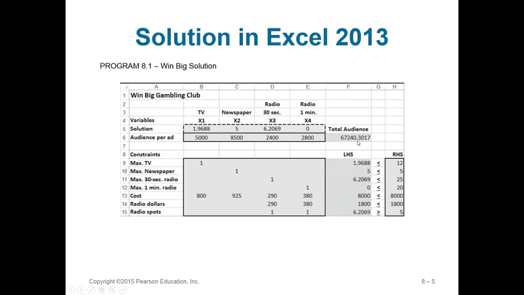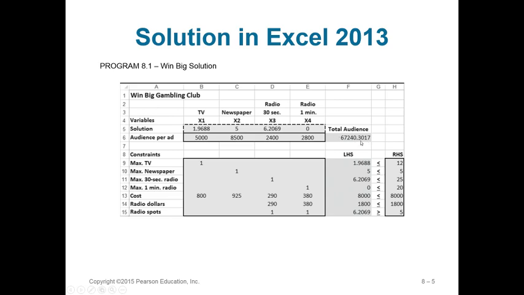I know finding 0.3017 of a person does not sound appealing, but we would either round it down to 67,240 or round it up to 67,241, depending upon how you wanted to round.